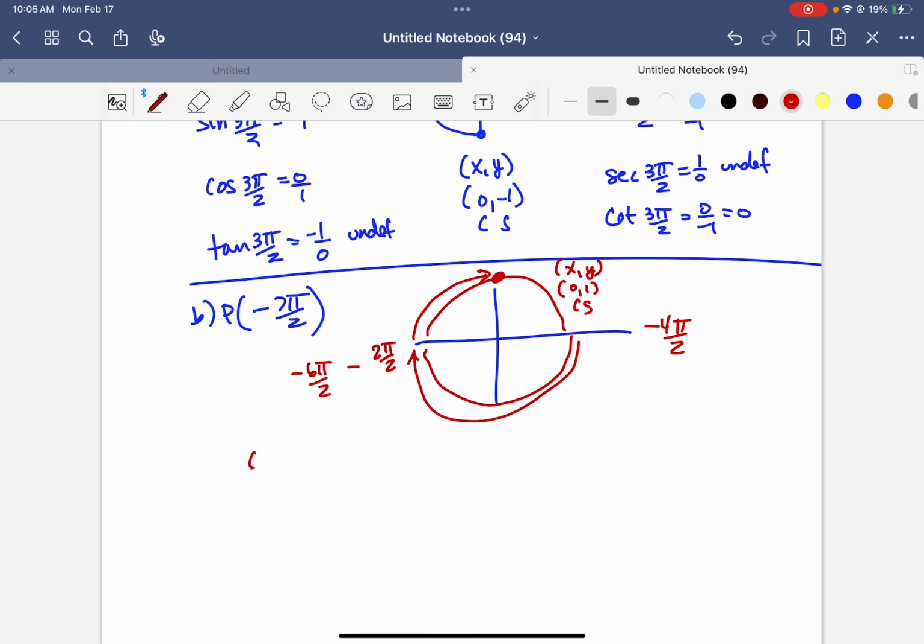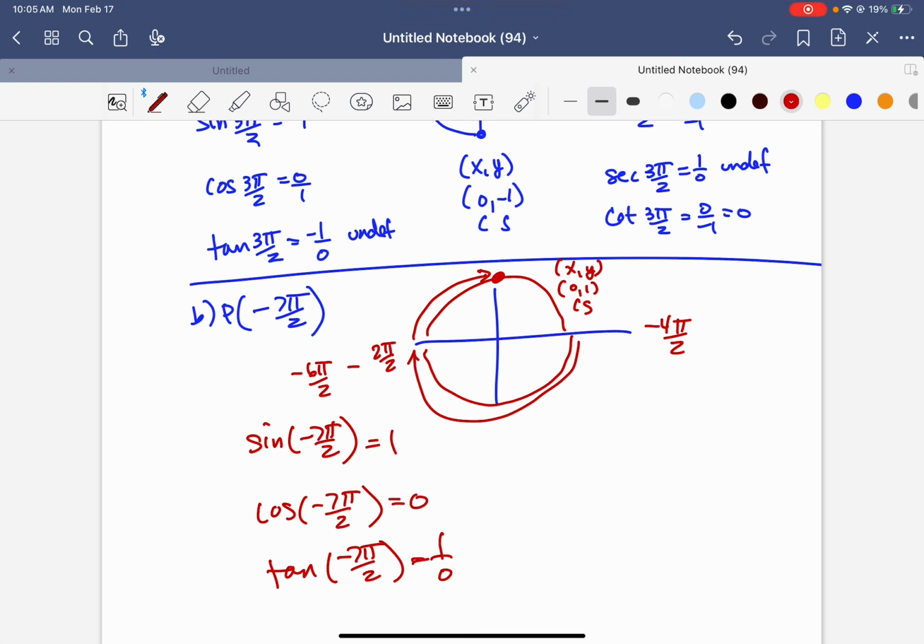So the sine of negative 7 pi over 2, and then I'm going to do the cosine, and then I'm going to do the tangent. So sine is 1, cosine is 0. So tangent is 1 over 0, which is undefined.